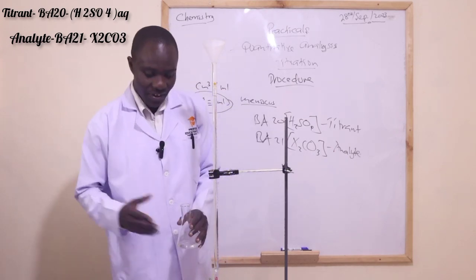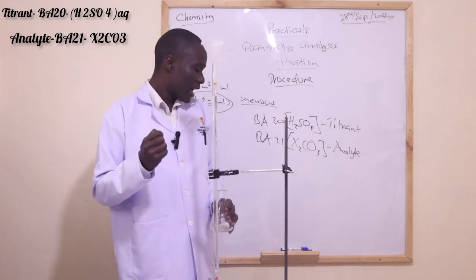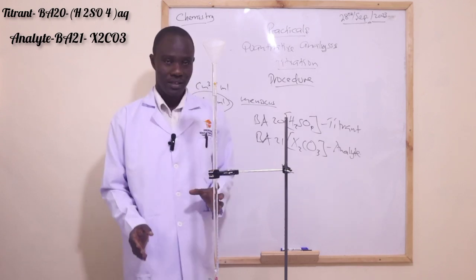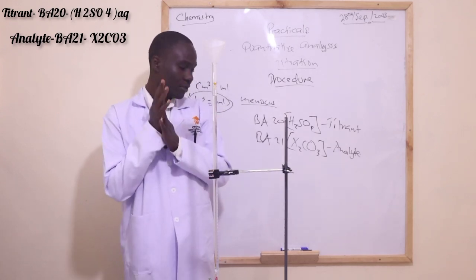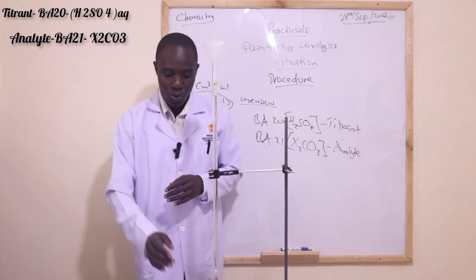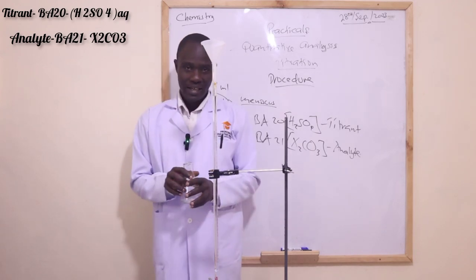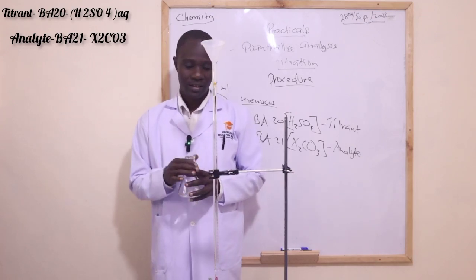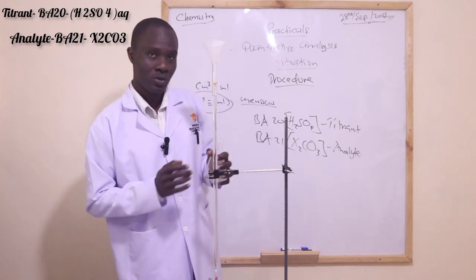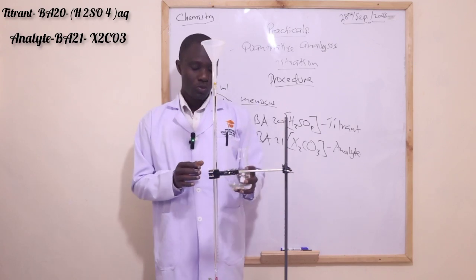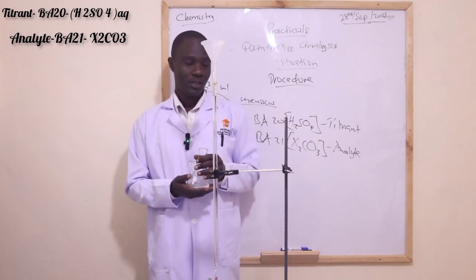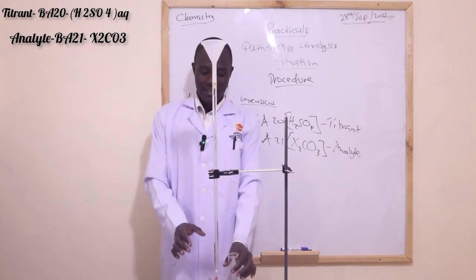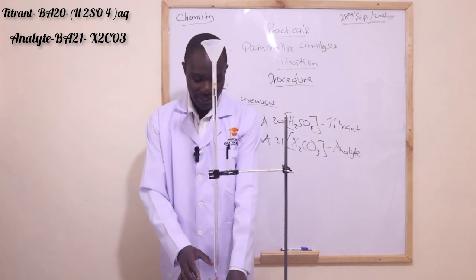Now, after having transferred the analyte onto the conical flask, it is imperative that you use both hands, and you need to use all the senses that you have. How do we now titrate? One hand, because a normal human being has two hands, the left and the right one, should be holding the conical flask that contains the analyte, whereas the other one should be holding the tap of the burette.